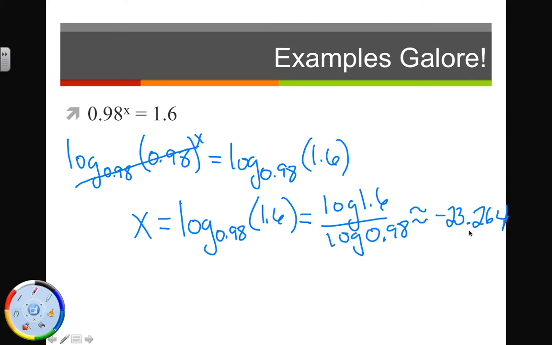So notice it's basically exactly the same thing, but I didn't have to think about that property of bringing the x down in front. Okay, this is actually the kind of one that I want to think about mostly when I look at exponential problems like this, though. I want to take the logarithm, a very specific logarithm of both sides, not just a random log base 10 or natural log.